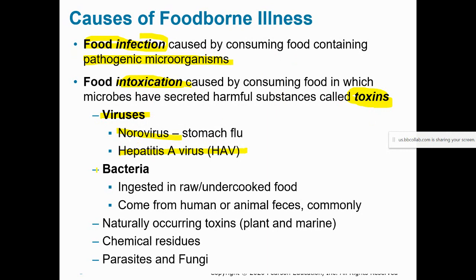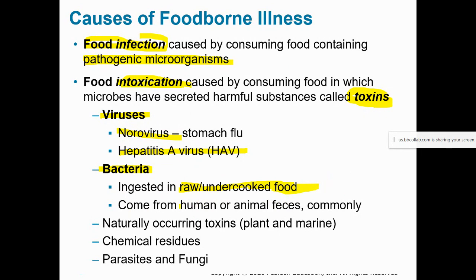And then bacteria. We do see a greater number of bacteria causing food-related illnesses than viruses. The bacteria primarily come from consuming raw or undercooked food, typically meat, and if it's a vegetable, it's usually one that was contaminated by raw or undercooked meat.